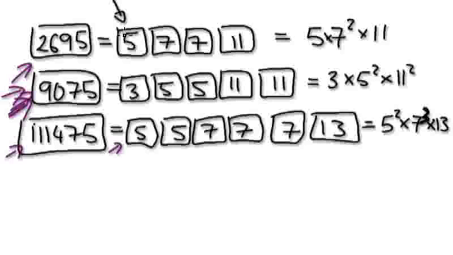If you look at the 5 here, this 5 is in common with all three. So 5 is in common. Even though you've got another 5 here, there's only one 5 in the first number, so we can't use another 5.